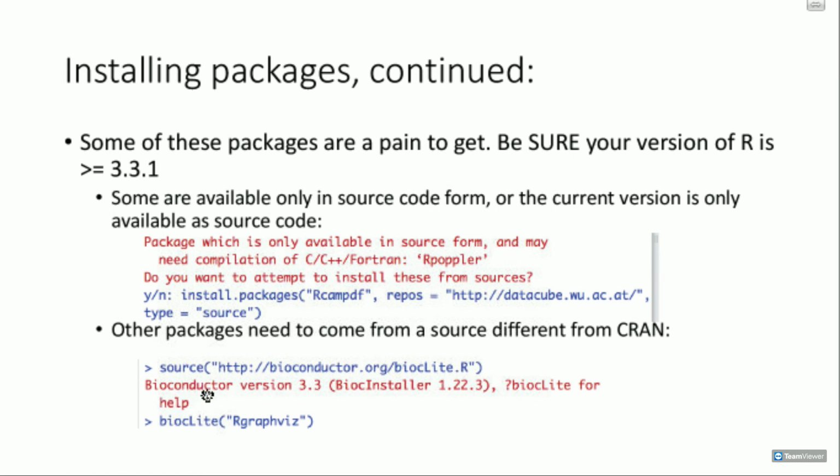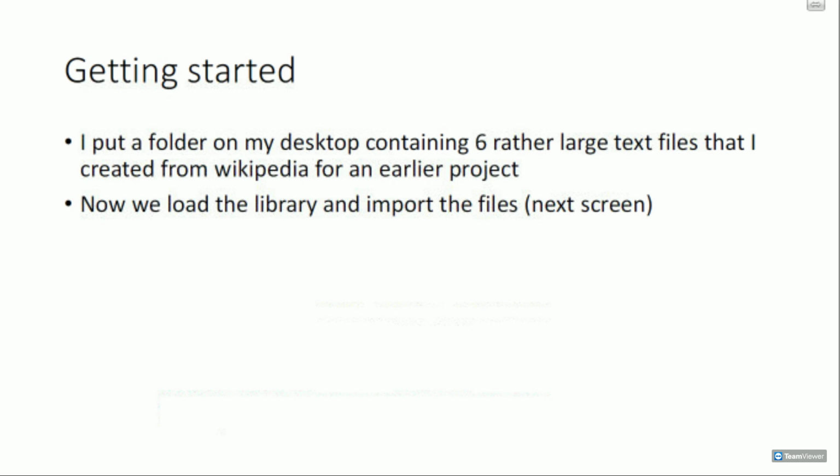If you want to install Rgraphviz or any package from Bioconductor, you first have to source the Bioconductor website and an R script from that, and then use the command biocLite and use the Bioconductor package. Okay, so let's get started.